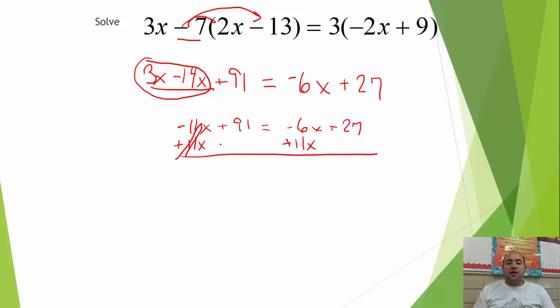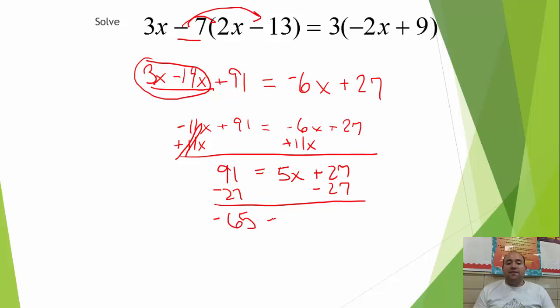That lets me undo the left, so I have 91. And then I have negative 6 plus 11 is positive 5x plus 27. Subtract 27 now. And I get negative 65 equals 5x. Divide both sides by 5. And x is going to be negative 13.